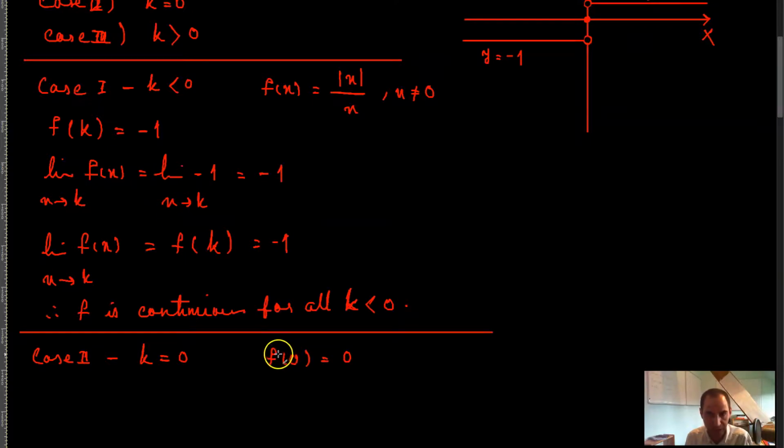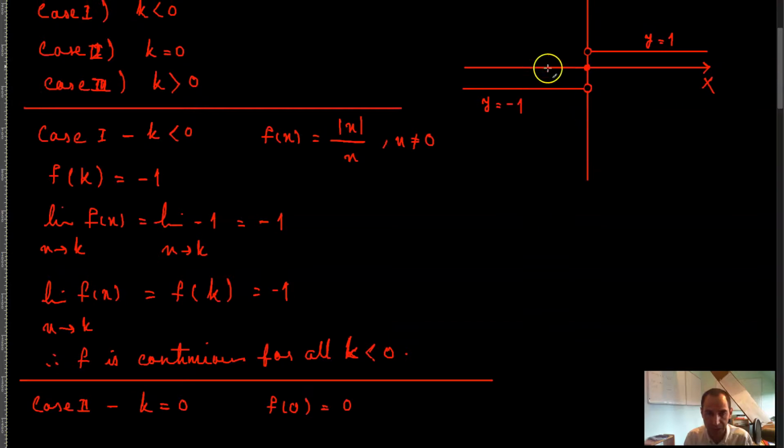But here it is necessary for me to consider the limit of f of x at x equal to 0, and I need to approach 0 from the right and left, because the value of the function over here is some other value, so the limits are going to be different.